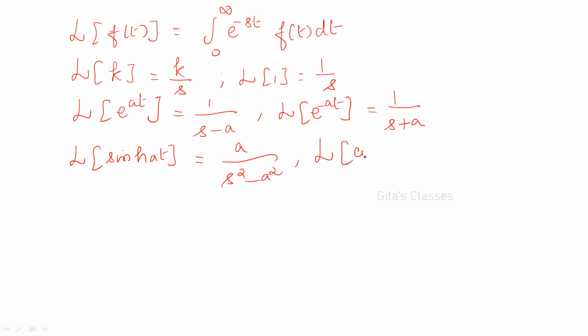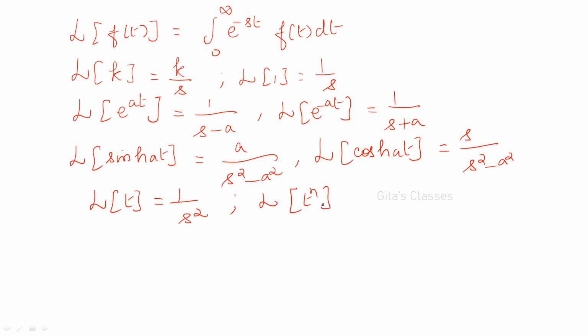L of cosh at is s by s squared minus a squared, and L of t is equal to 1 by s squared, and L of t power n is equal to n factorial by s power n plus 1. It can also be written as gamma of n plus 1 divided by s power n plus 1. So these are the formulas we have seen.